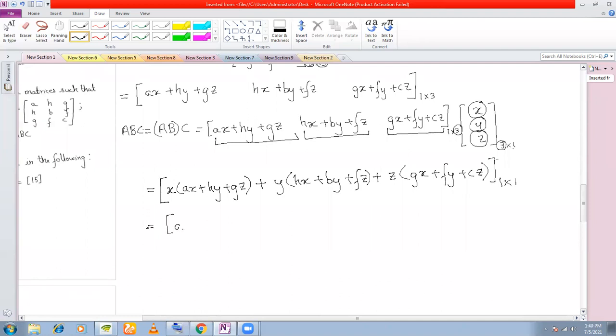So this is AX square plus HXY plus GXZ plus HXY plus BY square plus FYZ plus GZX plus FYZ plus CZ square.